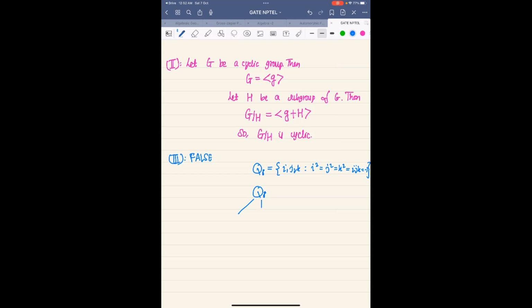So it has 3 subgroups of order 4. These are generated by i, j, and k. It has this center, plus and -1 are the center of this group, and it has the trivial subgroup.